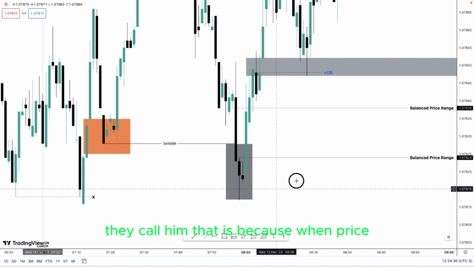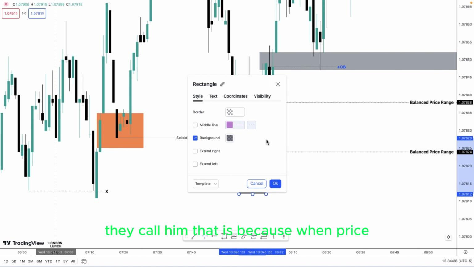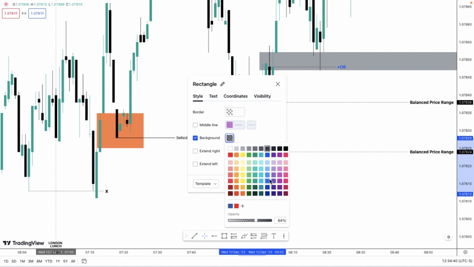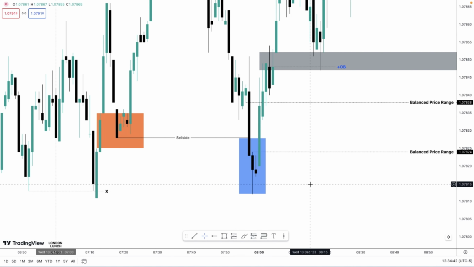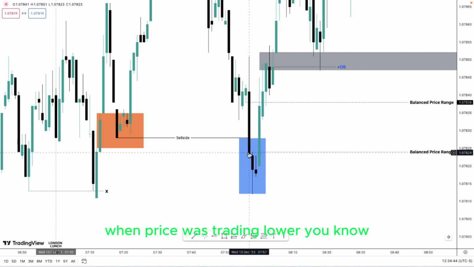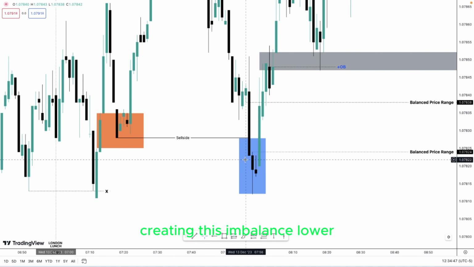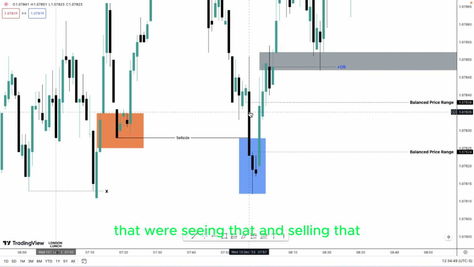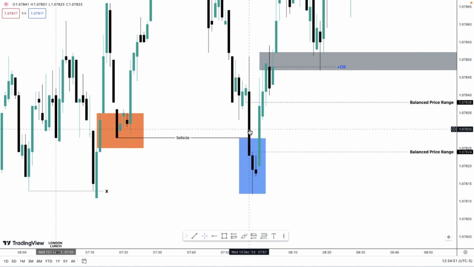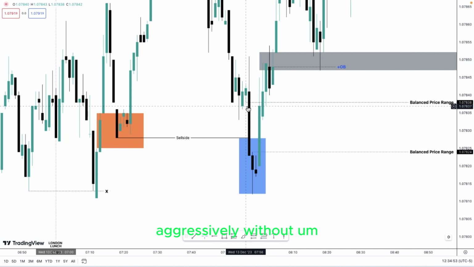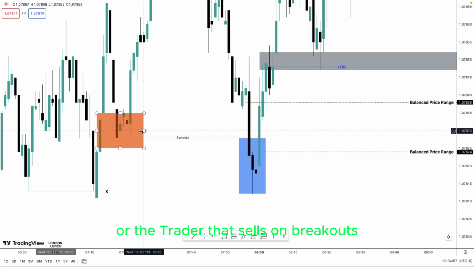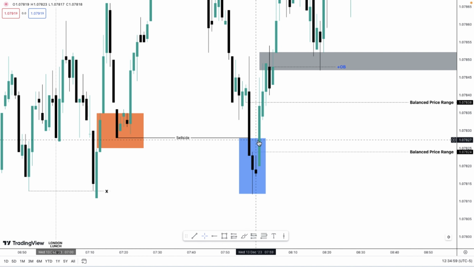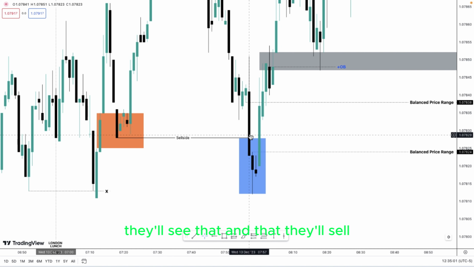The reason they call him that is because when price was trading lower, creating this imbalance lower, the traders that were seeing that and selling aggressively without logic to their trading, the trader that sells on breakout, they'll see that and then they'll sell.